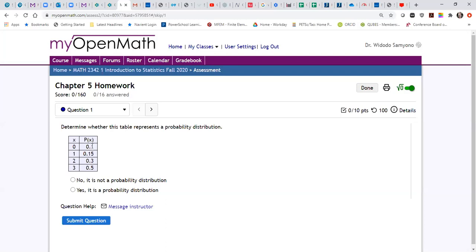If you add these, you get 0.25, and then 0.25 plus this is 1.05. So the answer is this is not a probability distribution because it's not exactly equal to 1.